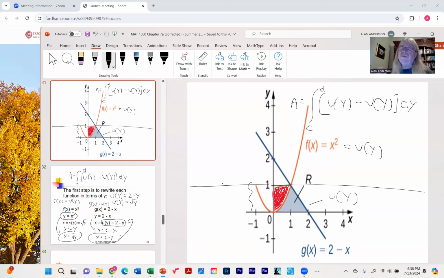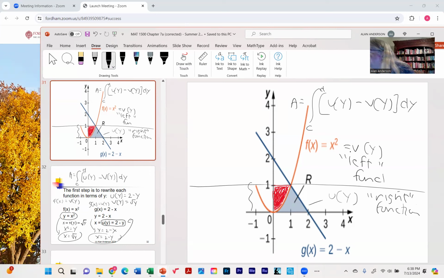So blue, which we previously were calling g of x, has now become u of y. Orange, which was previously being called f of x, is now v of y. So we're going to think of these, let me write this a little neater, as the right function. And here we have the left function.